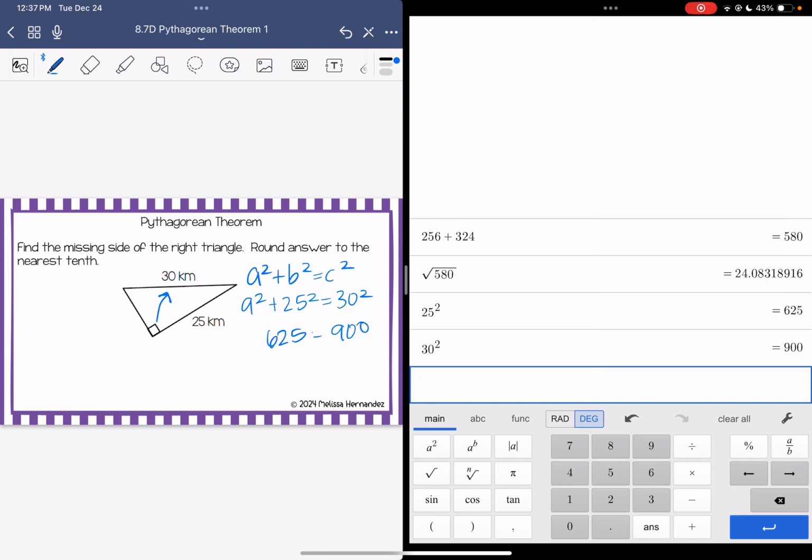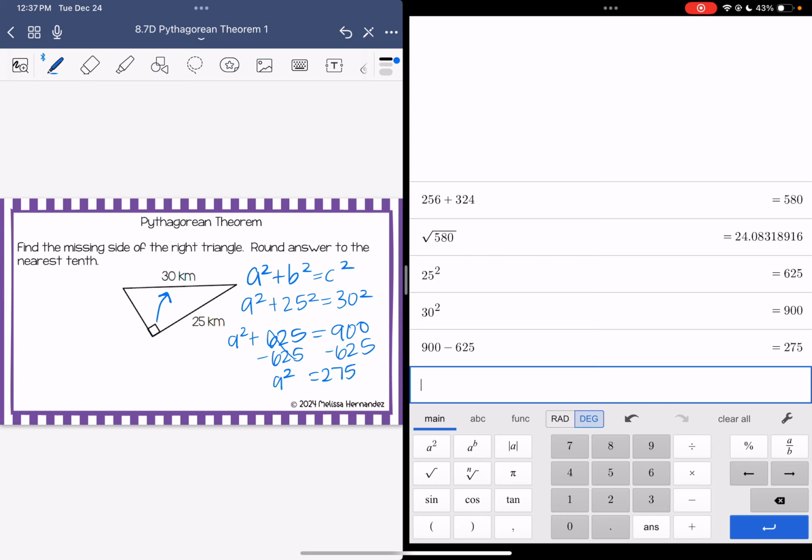Now visualize solving a one-step equation. You want to isolate the a squared, so you'll subtract because that's the opposite. So 900 minus 625. The answer is not 275, because a squared is 275, but I want to know the side length.